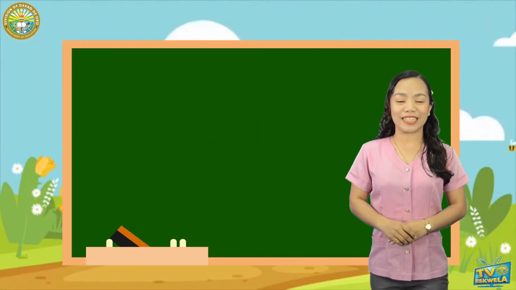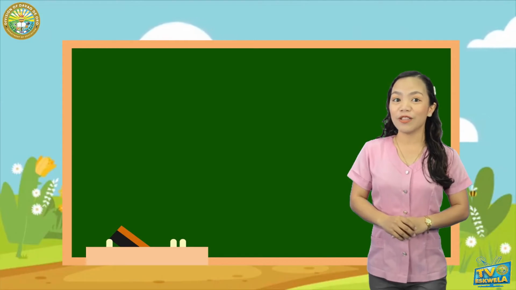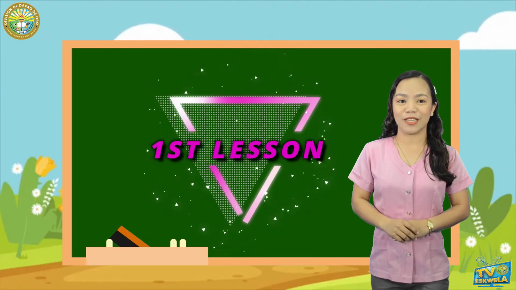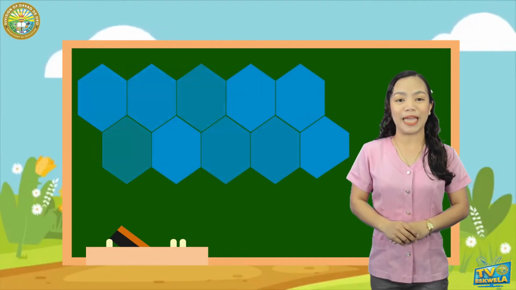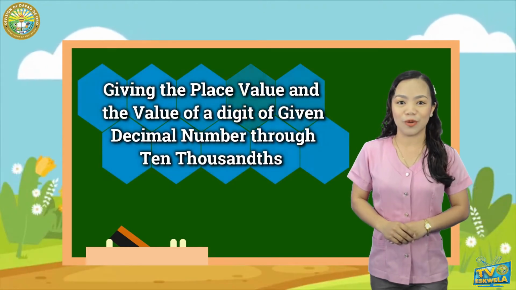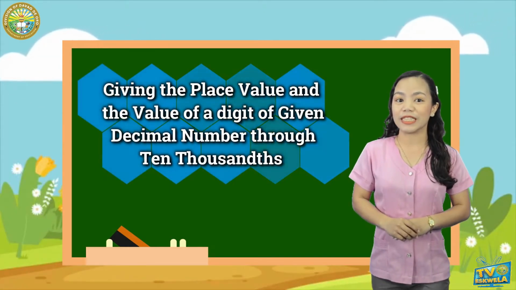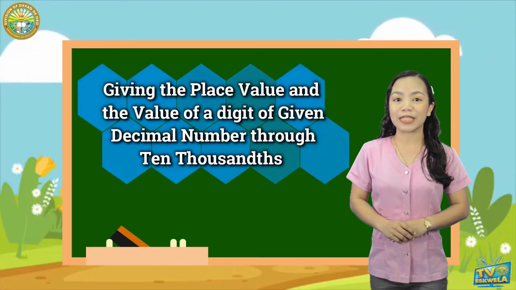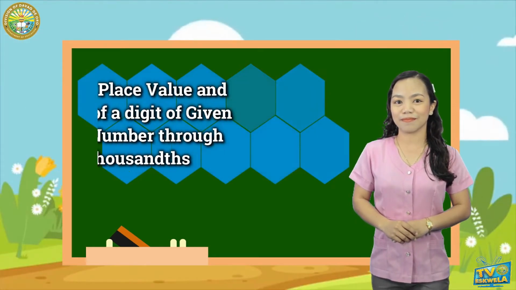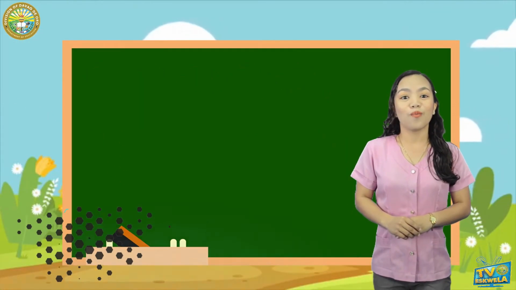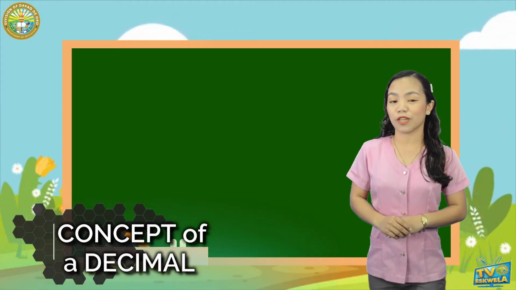After doing the activity, you are now led to our first lesson, giving the place value and the value of a digit of given decimal number through 10,000ths. What do you think is the concept of a decimal?